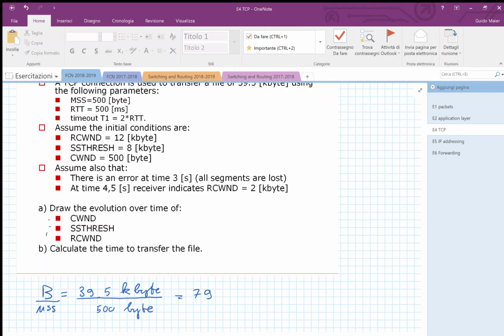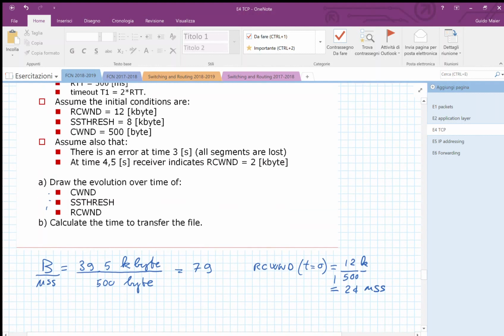Then we have that the receive window at time t equal to 0, so the initial receive window, is 12 kilobytes divided by 500 bytes, and this is 24 maximum segment size.